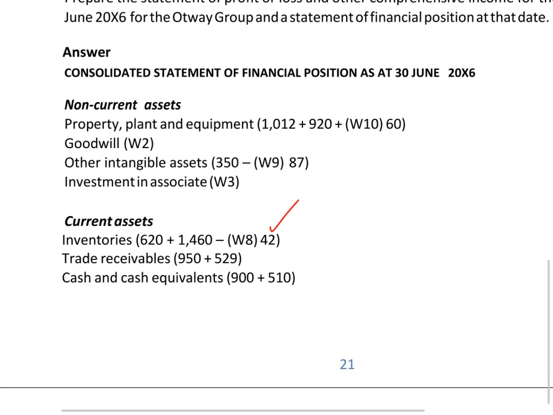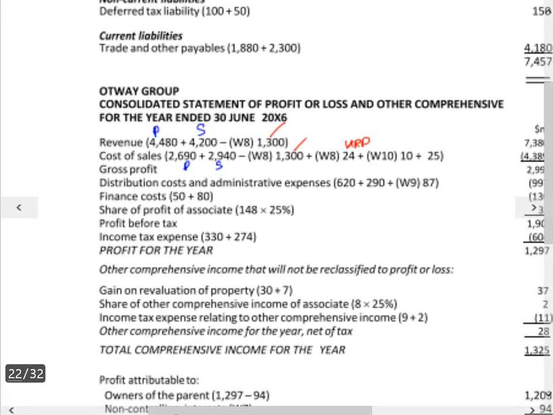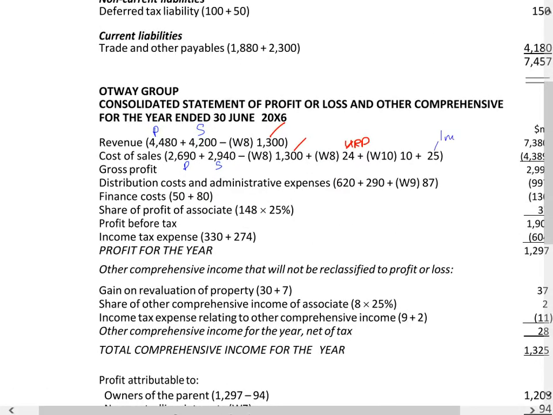That's why you look at the P&L. This is impairment. Can you write it there in case you're not sure what that 35 is? This is impairment. URP. This is additional depreciation. And what is this? 10 is your additional depreciation.